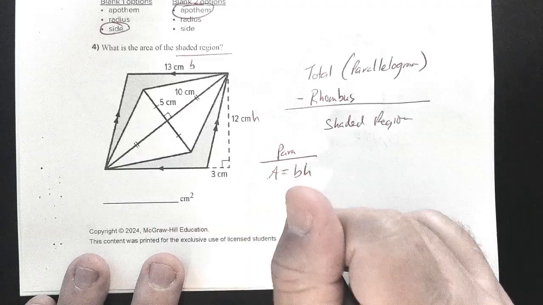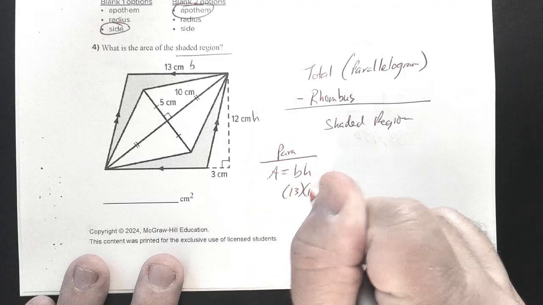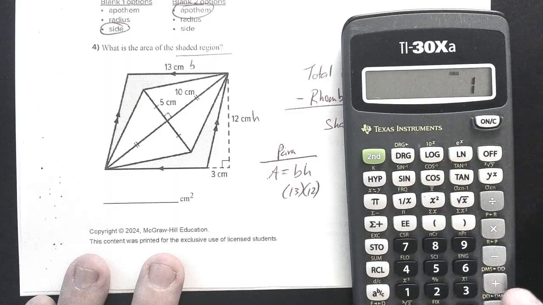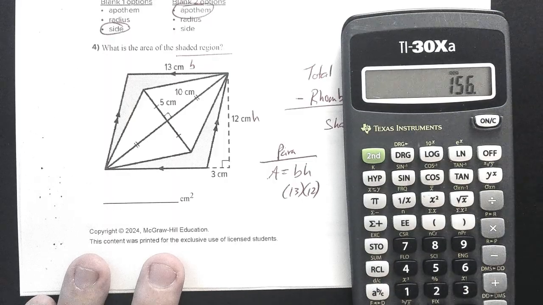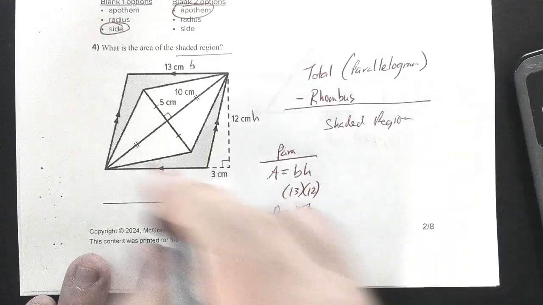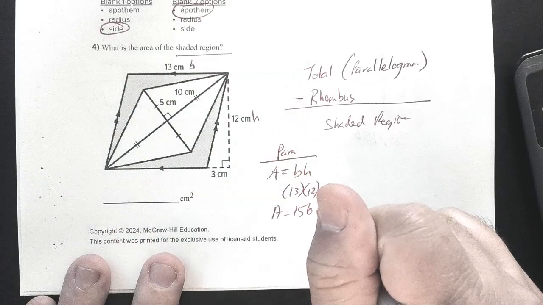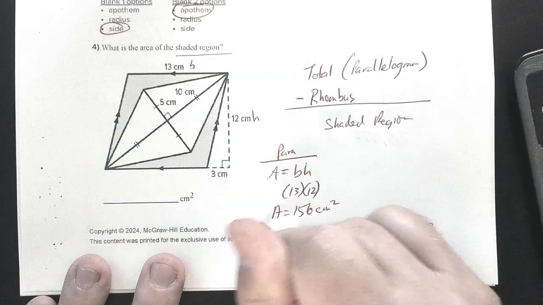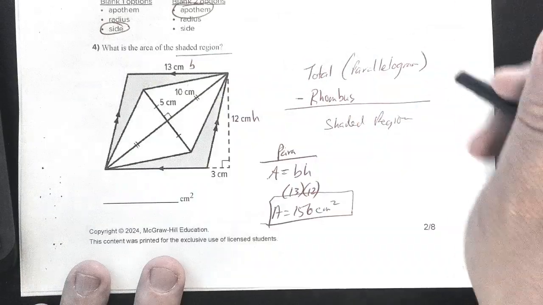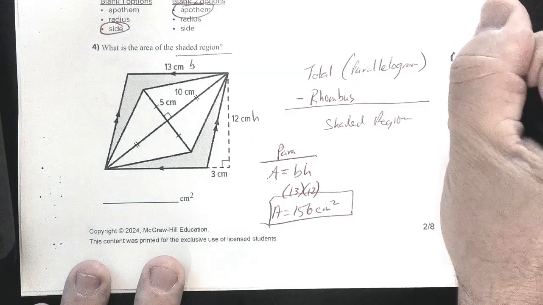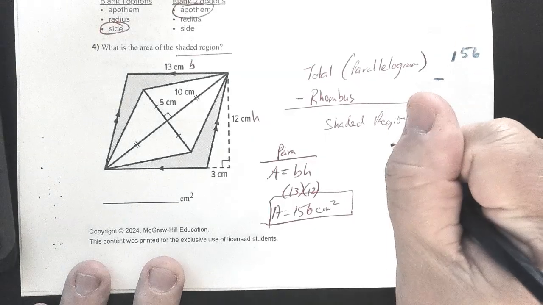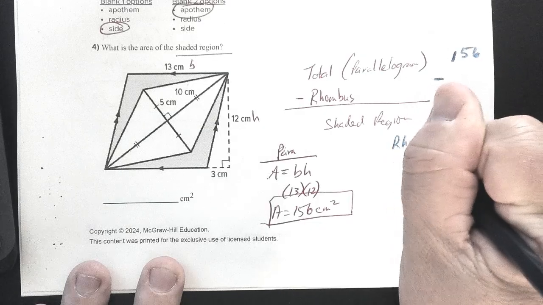This is your height. 13 times 12. 13 times 12. All right, so 156 is the area of the whole thing, the parallelogram. And that's centimeters squared. All right. So I'm just going to write this over here, 156 minus, so now the rhombus.